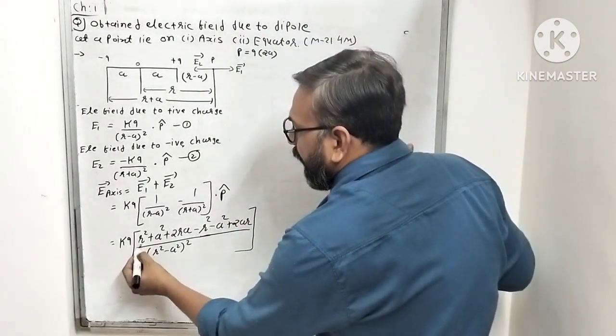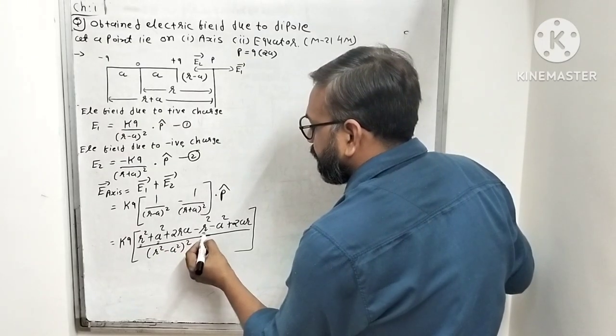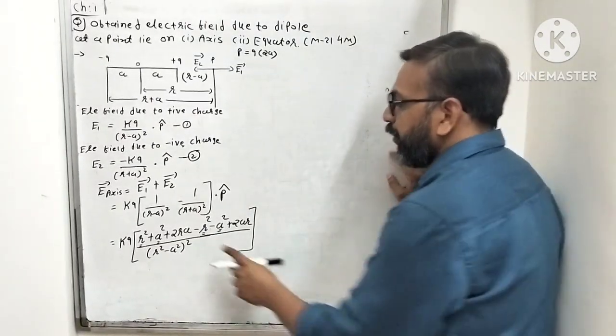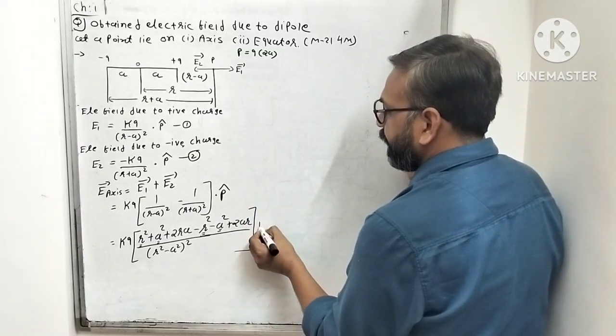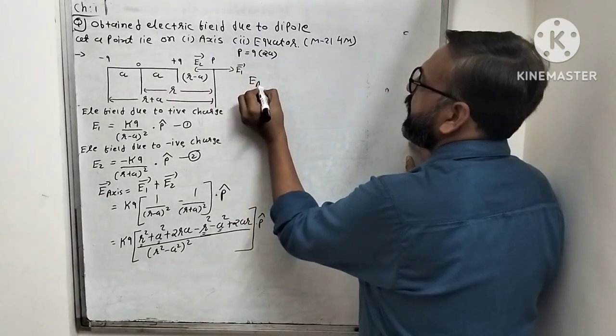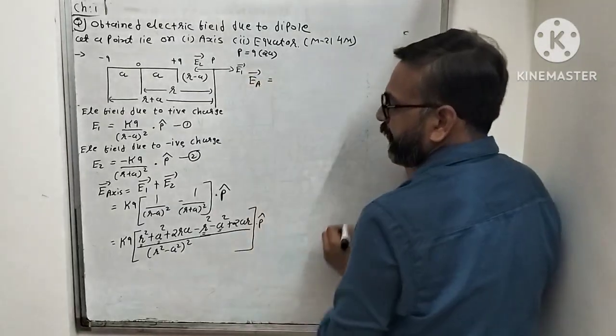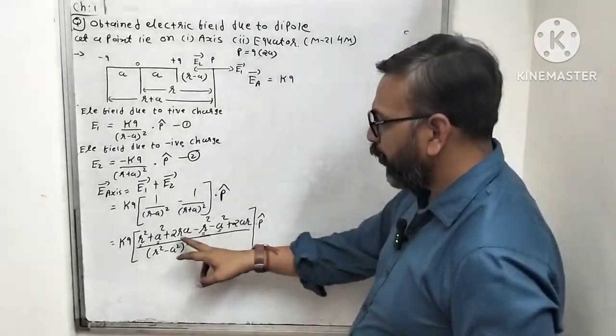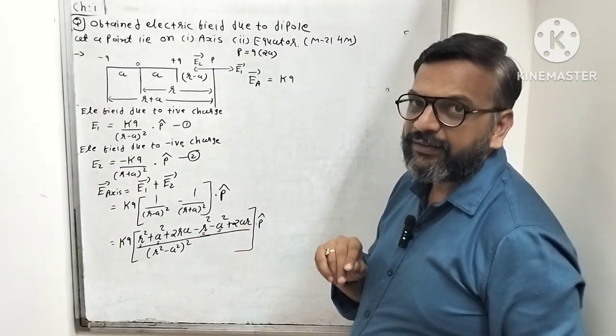Here R square and A square cancel. Therefore 2 plus 2 is 4. So the electric field at the axis is KQ into 4AR.